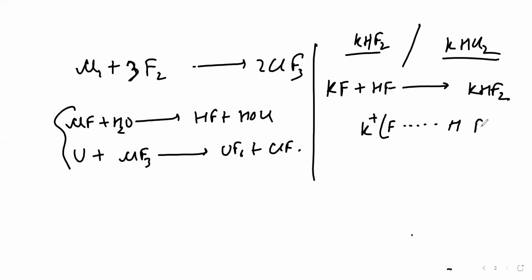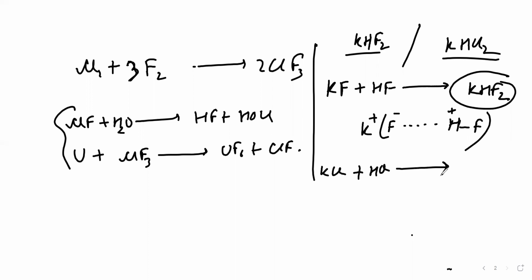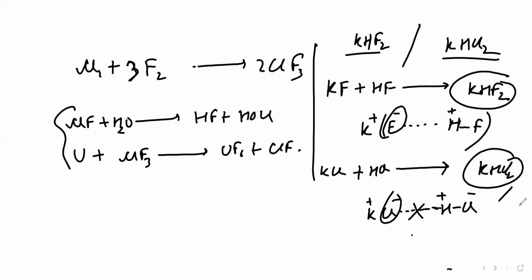A fluorine of KF and hydrogen from HF can form hydrogen bonding, so ultimately KHF2 forms. But for KHCl2, we take KCl plus HCl, positive and negative in each. Between these two, a bond cannot form because chlorine is less electronegative than fluorine, so KHCl2 does not form. This is the reason.